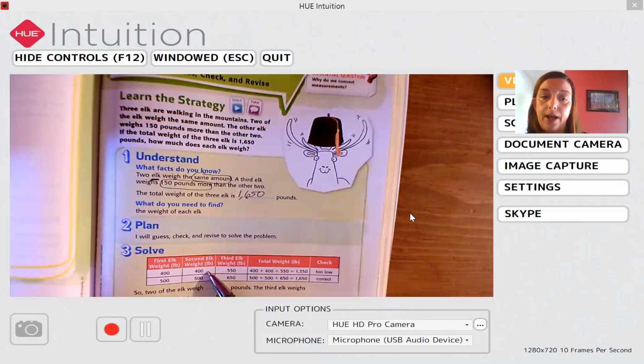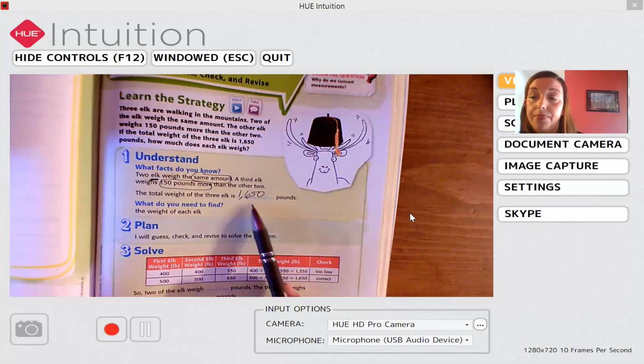And then the third elk has to weigh 150 pounds more than that. So 150 pounds more than 400 is 550. So if you check, 400 plus 400 plus 550 would be 1,350.